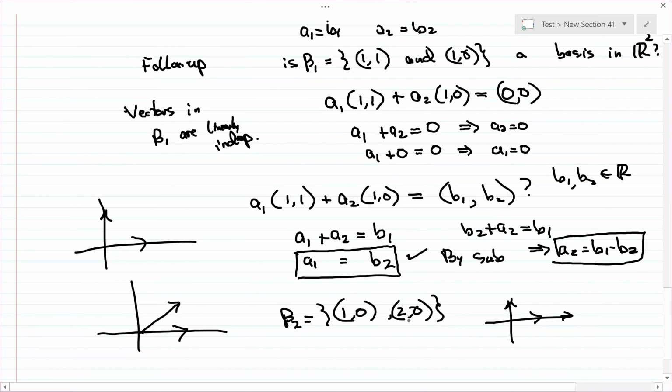By the way, are they linearly independent? So I'm asking, are these two vectors linearly independent? The quick answer would be no, because you can get one of these from the other, right? If they're linearly independent, that means you can't get one by doing a linear combination of the others.